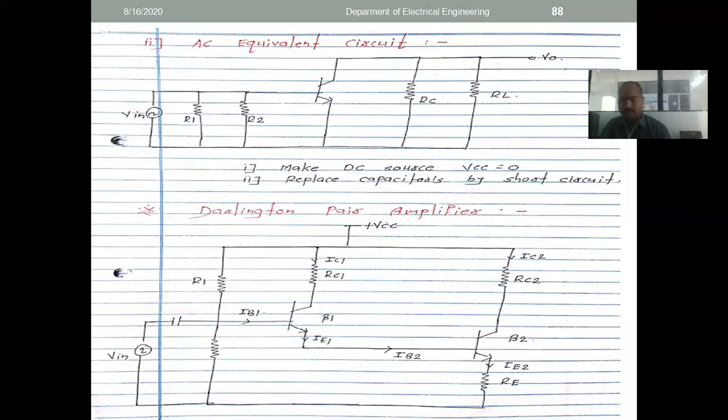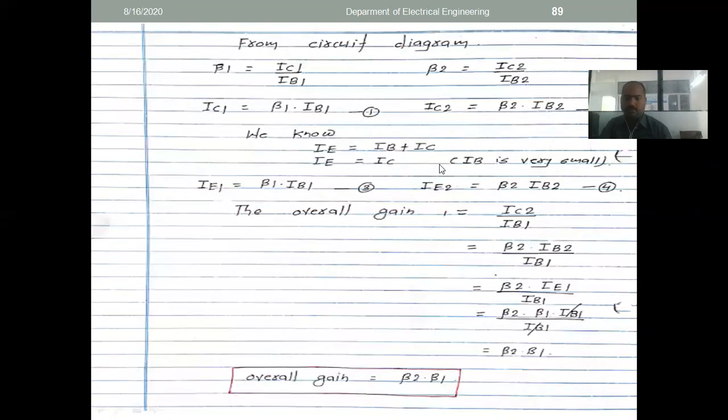IC2 divided by IB2. Okay, right. So whatever the value of the beta 2 equal to IC2 divided by IB2. This is the thing we don't do anywhere else. We have to only see the diagram, and accordingly we have to put out the two things, that is beta 1 equal to IC1 divided by IB1, beta 2 equal to IC2 divided by IB2, right?